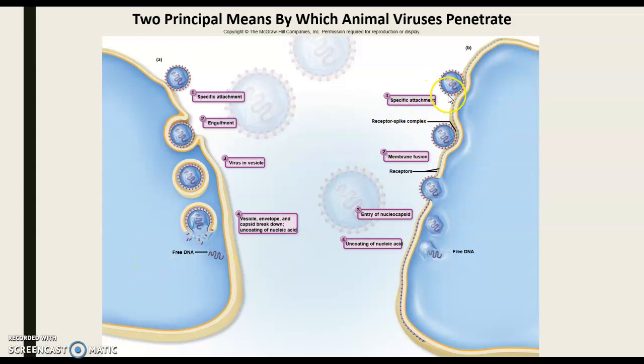Same kind of thing here, just a slightly different process. It attaches. The spikes actually pull that virus into the cell and fuse. It's fusing the envelope of the virus and the membrane of the cell, and then just letting in that DNA.